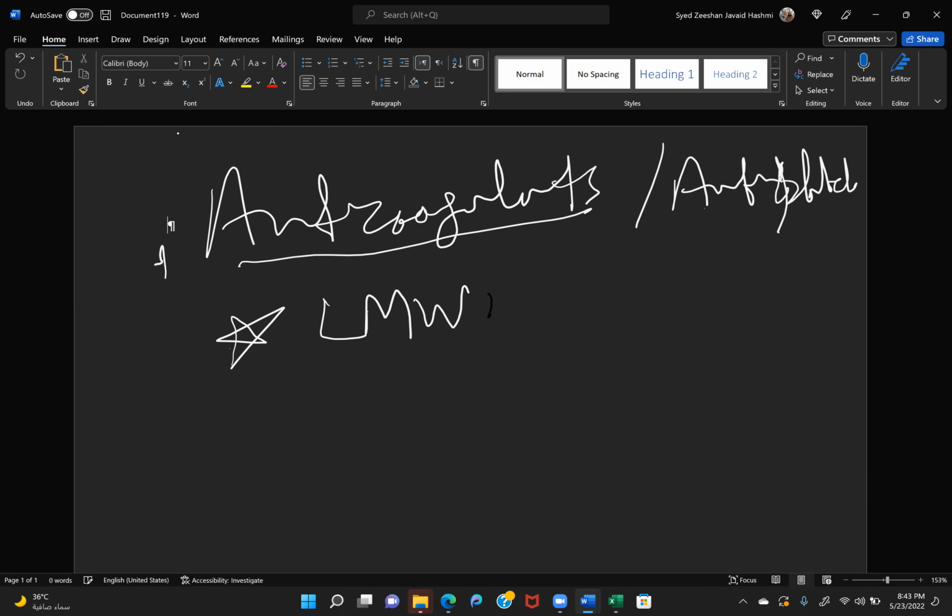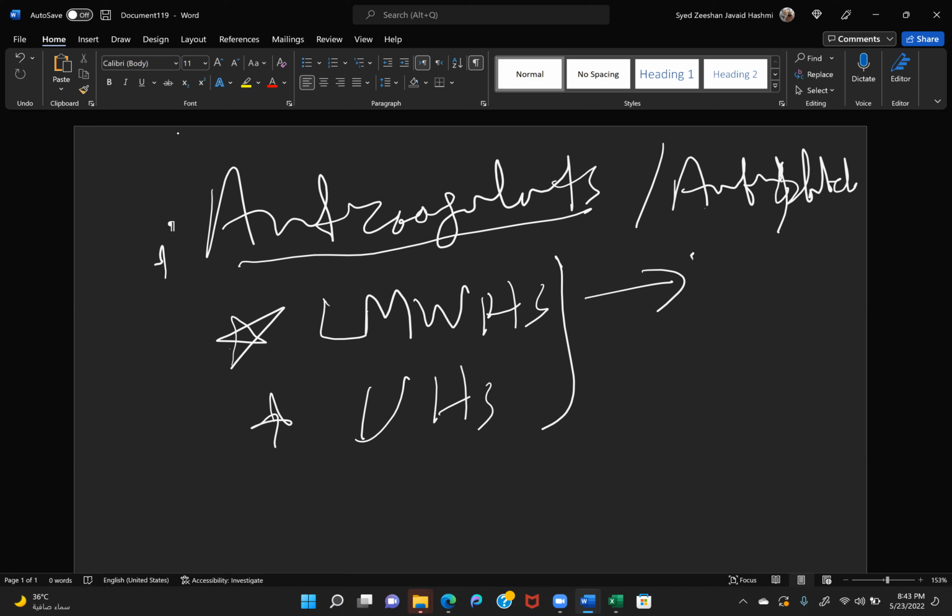Common anticoagulants, whether it is low molecular weight heparins or unfractionated heparin. For this, you have either therapeutic or prophylactic dosing.